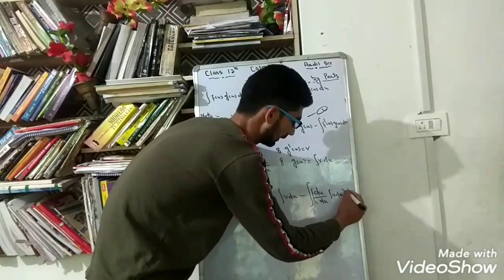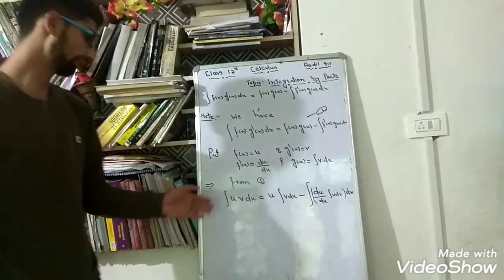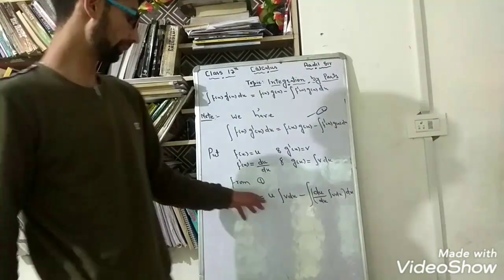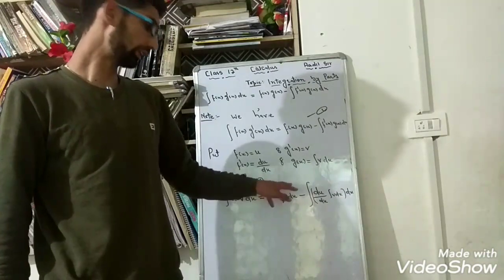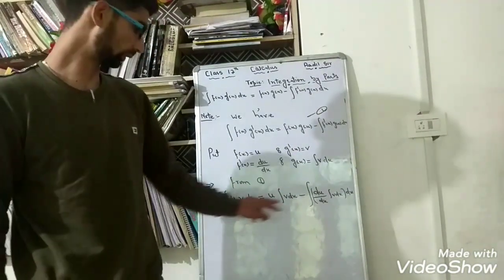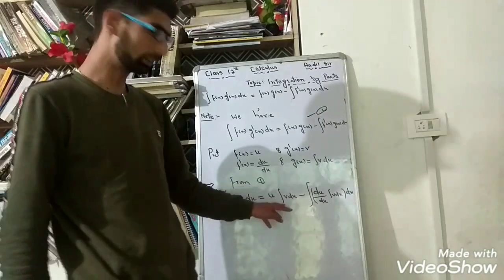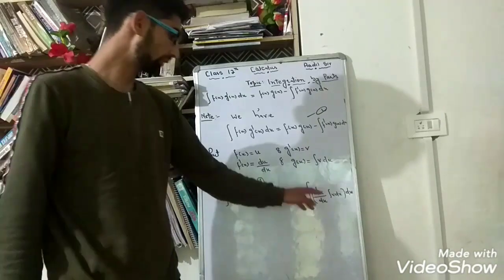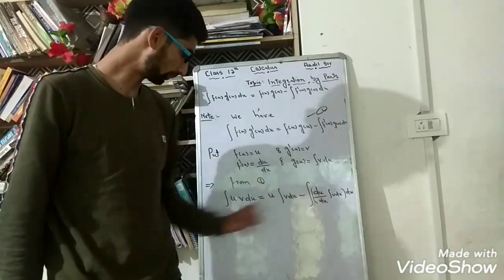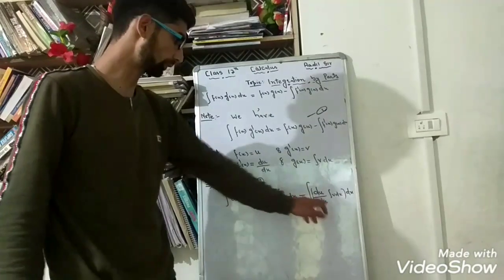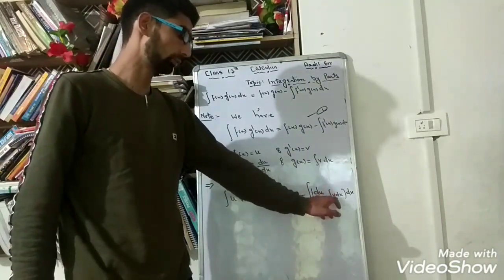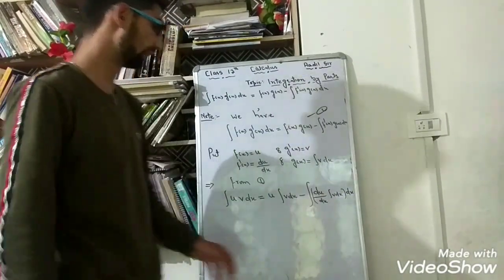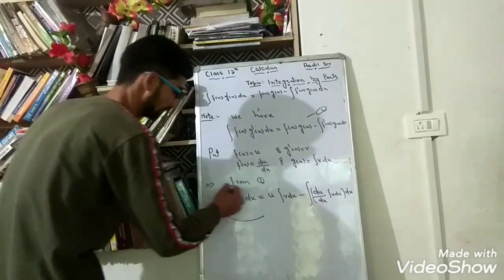So what I am getting here, beta, is the integral of the product of two functions equal to the first function into the integral of the second function, minus the integral of the differential coefficient of the first function and the integral of the second function. तो ये हमारा result है.